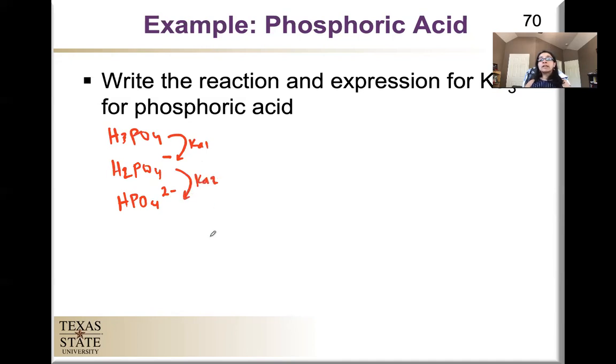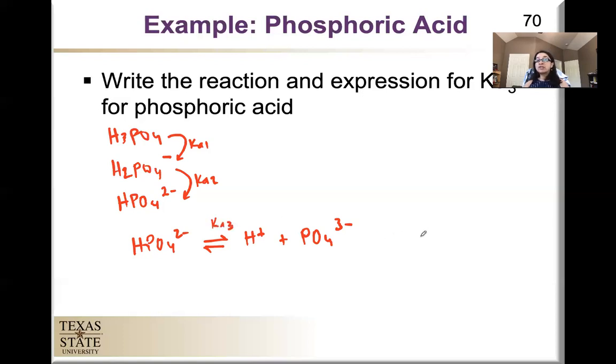And so now we're going to deal with Ka3, which is going to be to take this, which I'm going to call HPO4 2-, which is going to dissociate partially into H+ and PO4 3-. Okay, that right there is associated with a Ka3, and that's the one that I need to write.